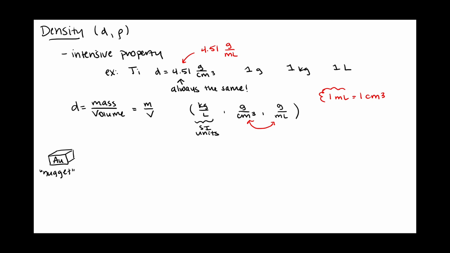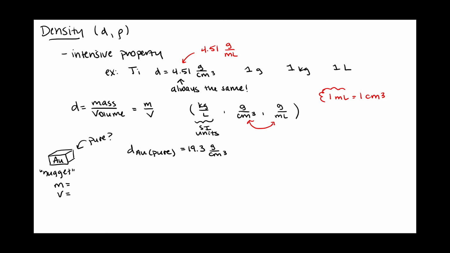Well, there are scientists and people who have gone through and they have actually calculated densities of pure substances, one of which is gold. So the density of pure gold is actually 19.3 grams per cubic centimeter. And we can figure out if this is pure by calculating a mass and calculating a volume.